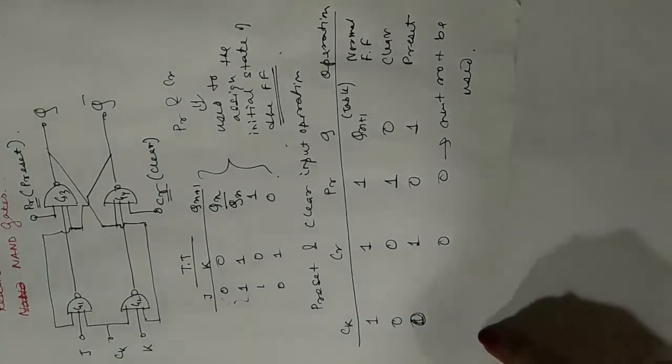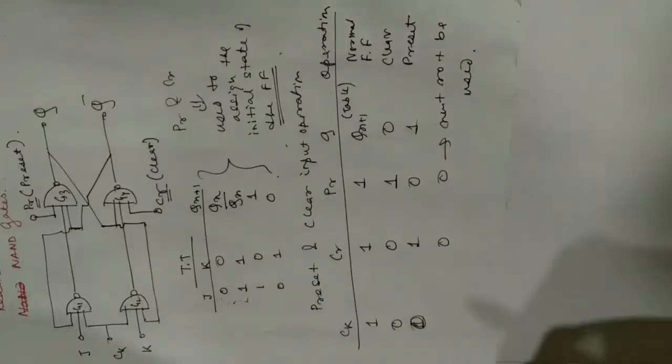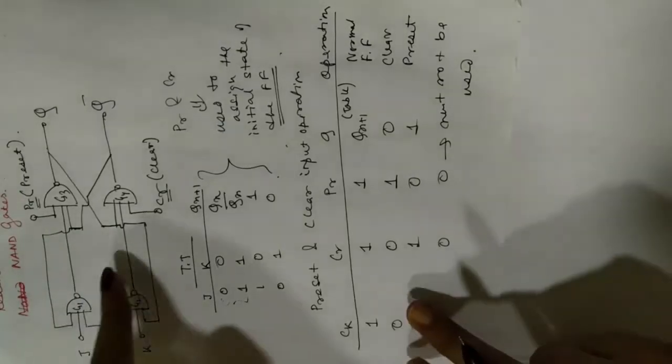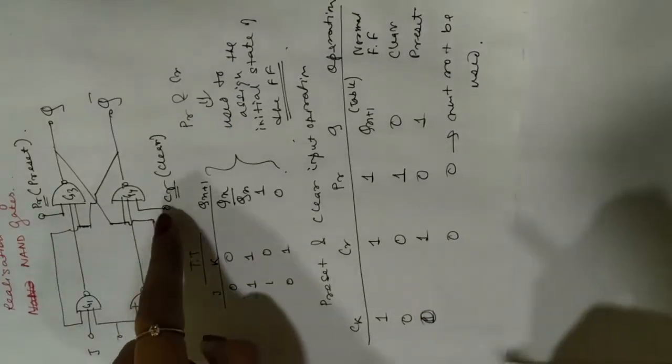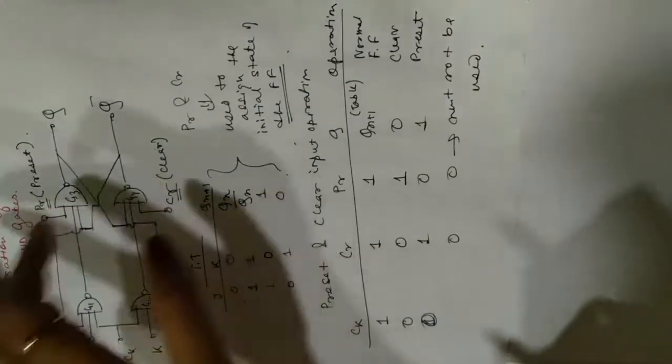Now let's try to understand what we have written in this operation table. When both CR and PR are 1, please refer to the diagram. When both CR and PR are 1, these do not affect the circuit.